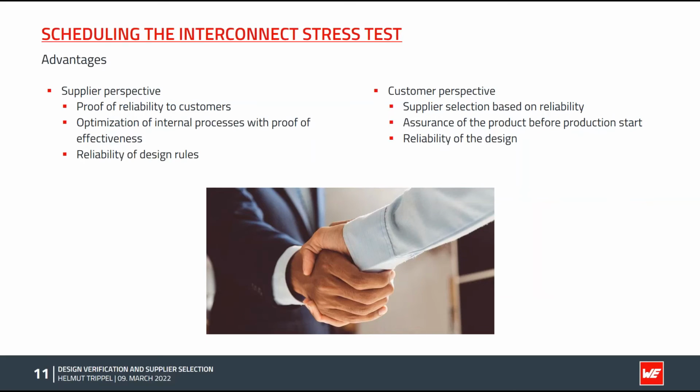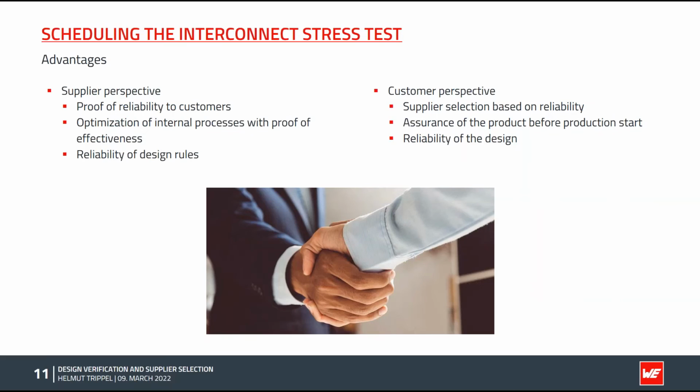And thirdly, design rules are different for different suppliers, and they may change with time as the market might require more miniaturization. In this case, I can also prove the reliability of design rules and the change of design rules.